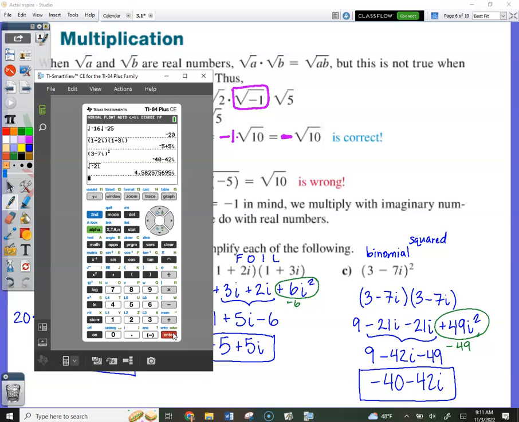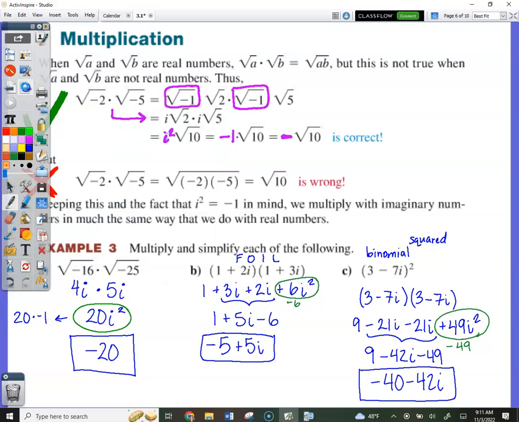So the calculator is great for complex numbers, but it's not perfect when breaking down radicals. It's only great when it's a nice breakdown. If it does not break down, it's going to produce a decimal, which is not one of your answer choices accepted by my math lab. They're going to want it in radical form, the square root of 21, and then of course it would have an i in the front.